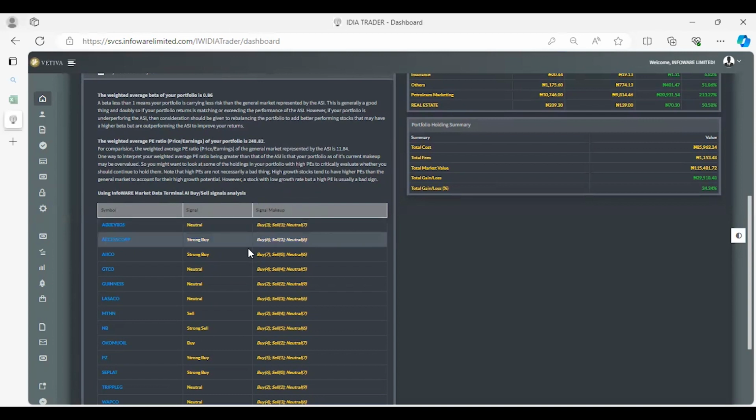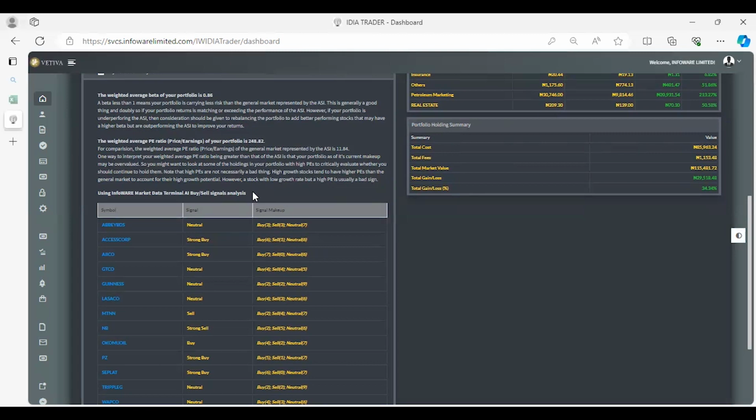So because of that, the AI, now using the InfoWARE Market Data Terminal, gives an AI buy signal. The previous speaker has given a detailed demonstration of the AI experience using the IMDT.